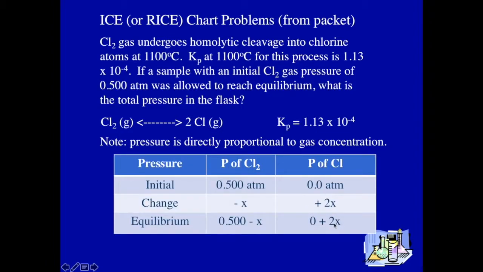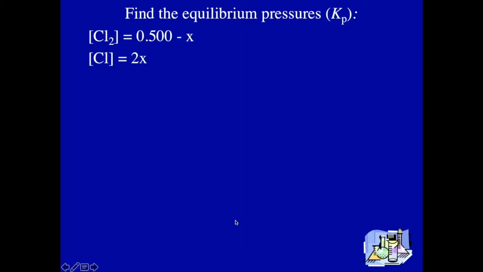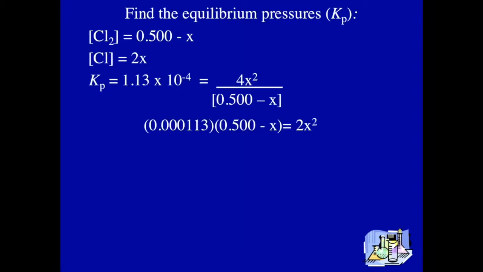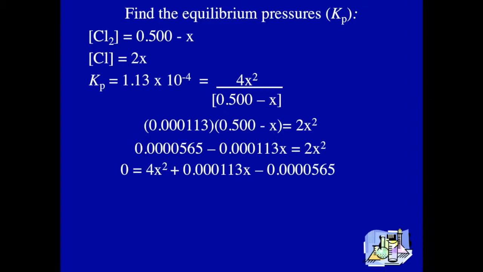So this would be 2x squared, because its coefficient is 2, over 0.500 minus x. All of that is done. I end up getting another quadratic formula, or an equation that I can enter into the quadratic formula.